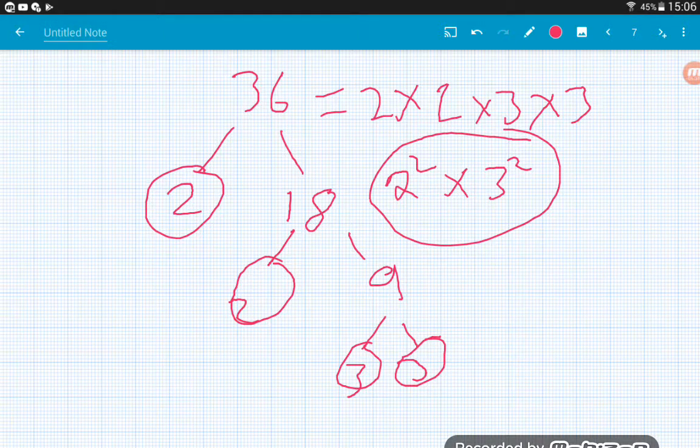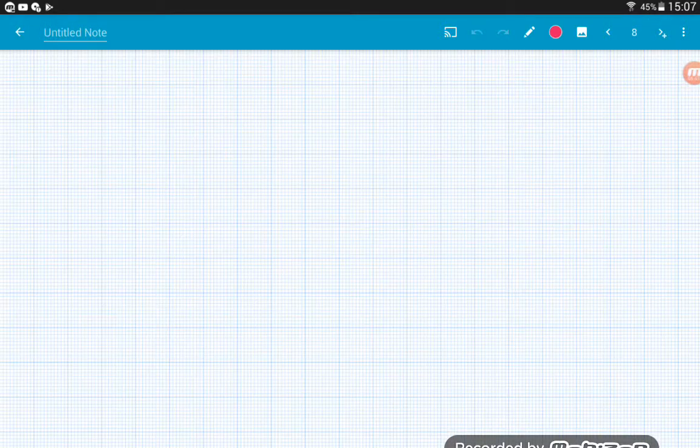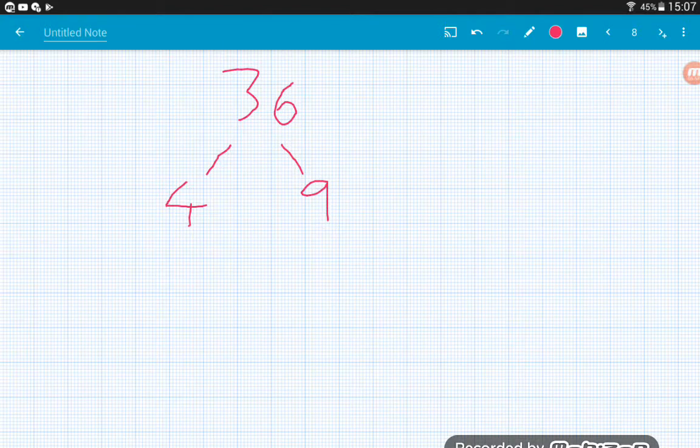Now, it's not necessarily true that you have to take out a prime factor each step. We can actually do it by taking out not primes. So, for example, let's do 36 again. So we might spot that 36 is the same as 4 times 9. So neither one of those are prime yet, but there's no problem.